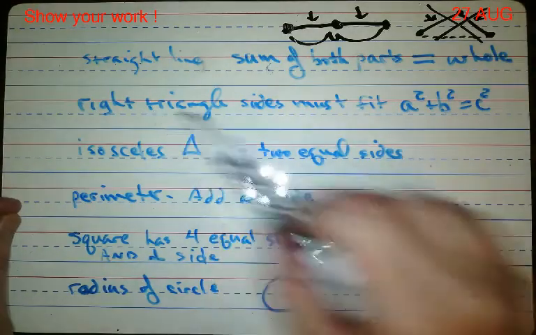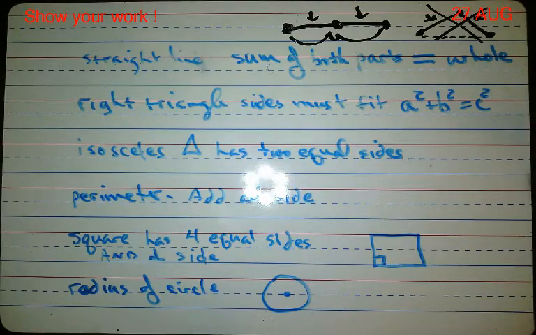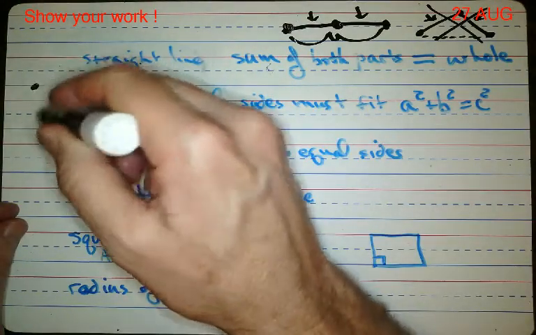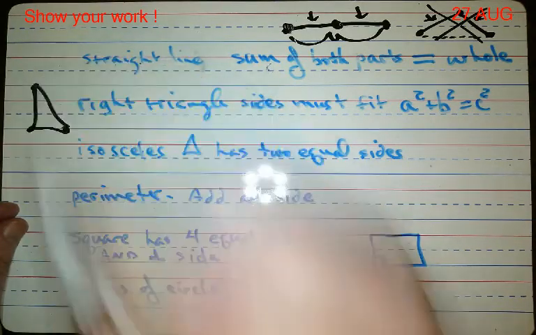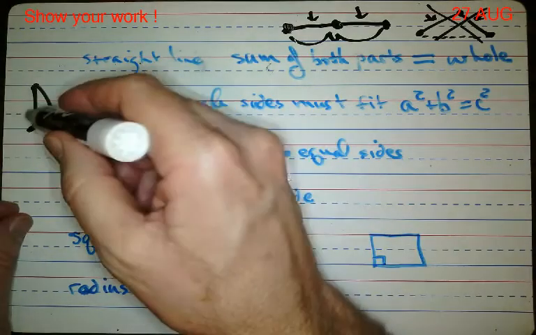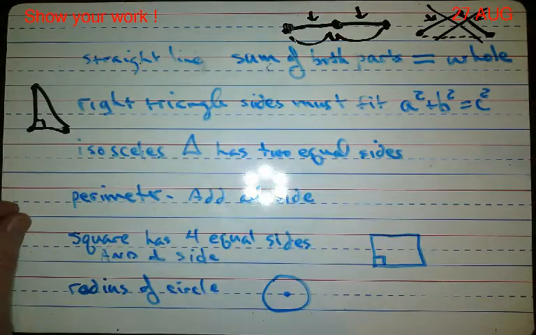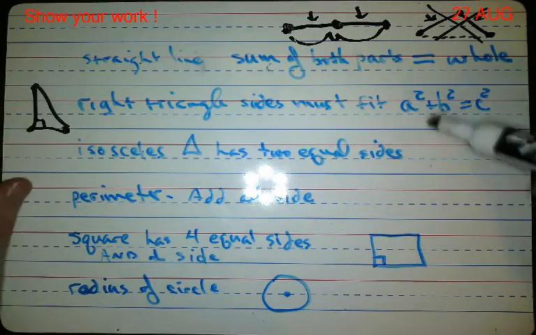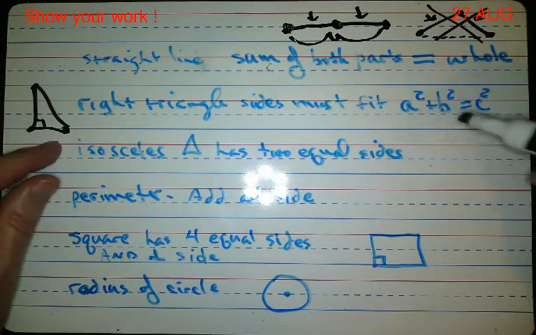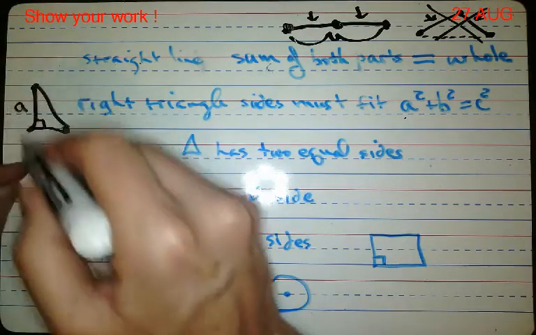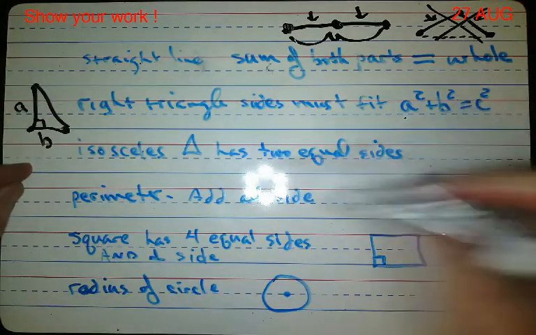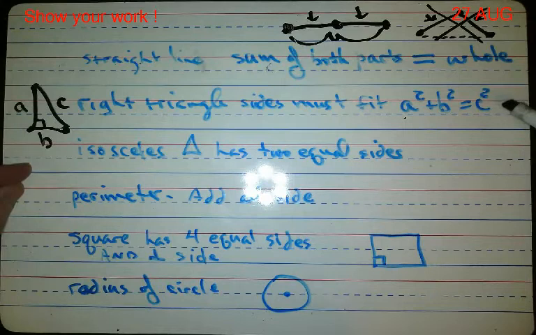Okay? In a right triangle, they're going to give you three corners again. I'm going to draw the picture like it was a right triangle, and we don't know if it's a right triangle or not. What you have to do is figure out the length of all the sides, and the two short ones are A and B. So the two short ones, when you square them, have to add up to be the long one squared.